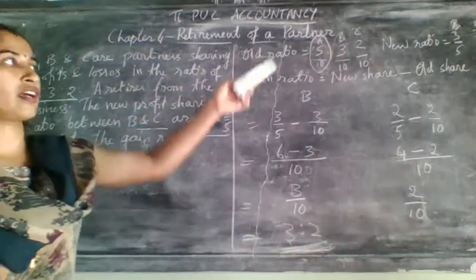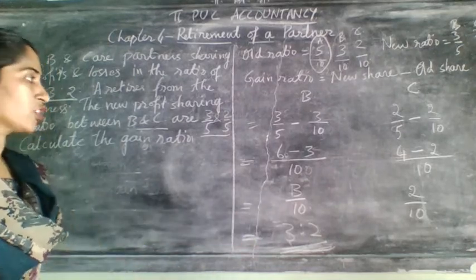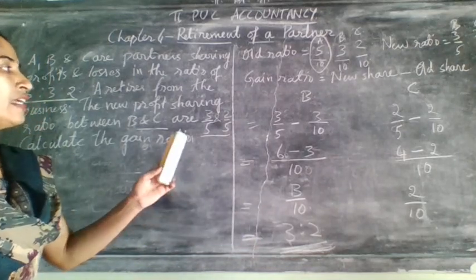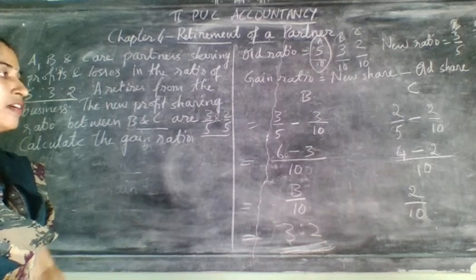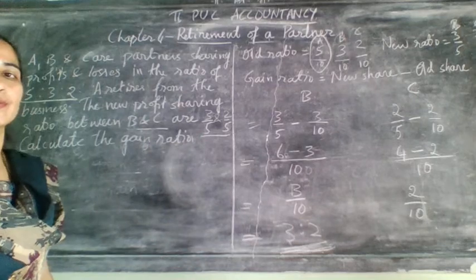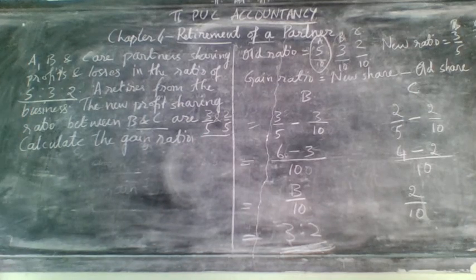That means what they are having as a new ratio, that only came as the gain ratio for B and C. When B and C continue as partners, their new ratio itself will become the gain ratio. So this is about case 3. In this problem they have given the new ratio as well as the old ratio.